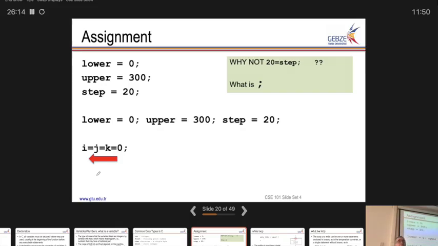I equals j equals k equals 0 means from right to left: k is made 0, then j is made 0, then i is made 0. We don't say 20 equals step. We say step equals 20.